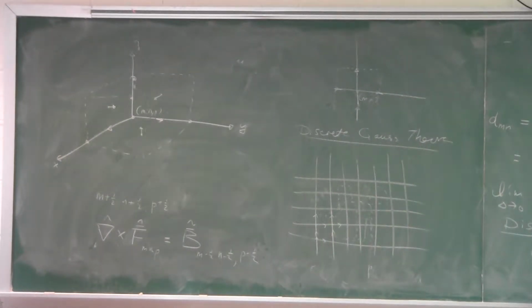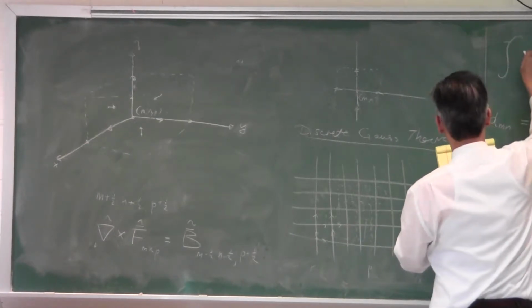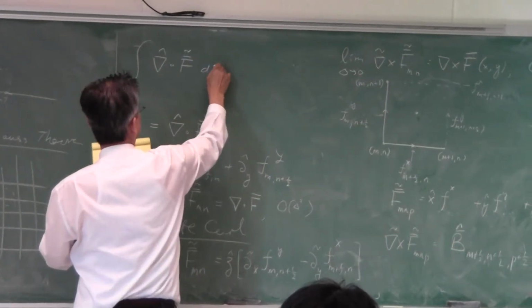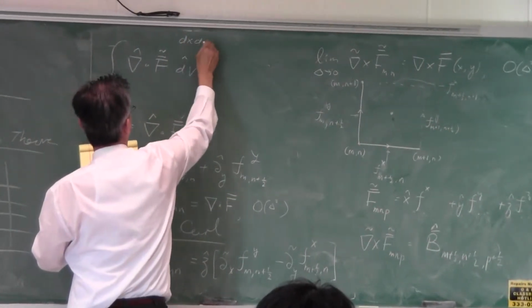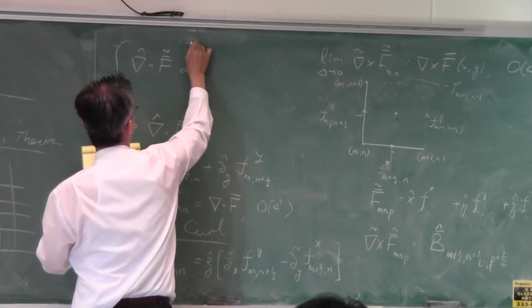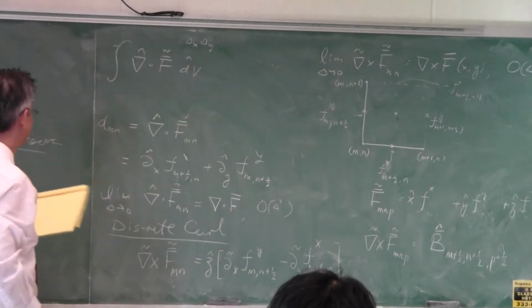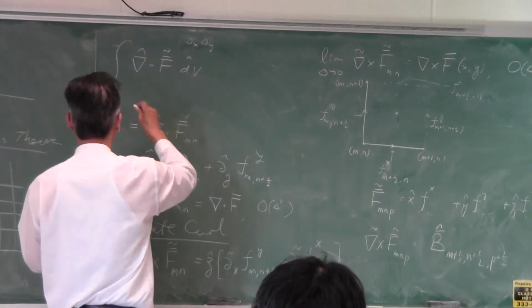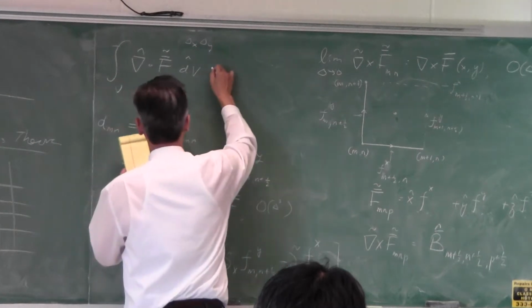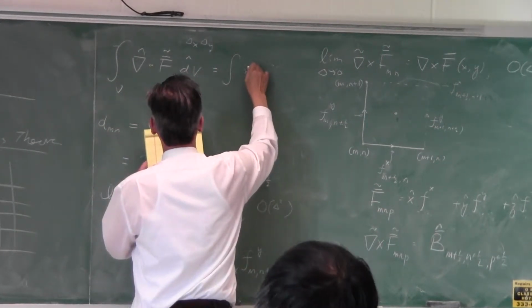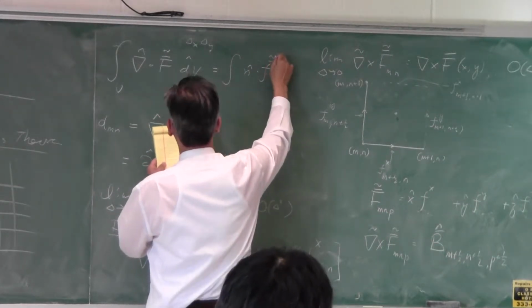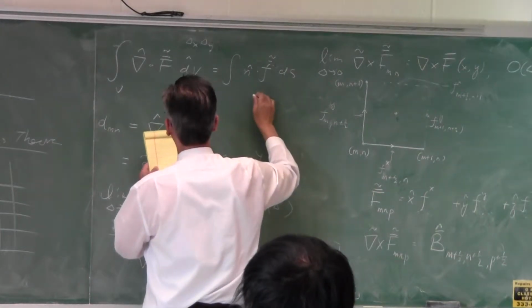So I can write the discrete Gauss theorem: if I have the discrete divergence of this vector, and this means just the delta x, delta y in these 2 dimensions, and I sum up all these discrete divergences according to a volume that I define, it will be equal to the same sum of these vectors on the surfaces.